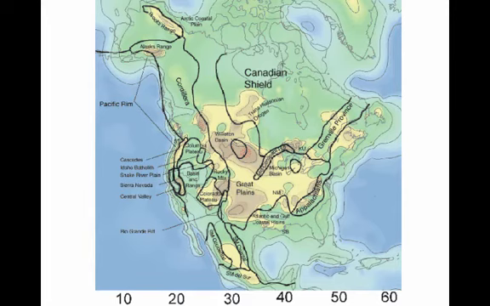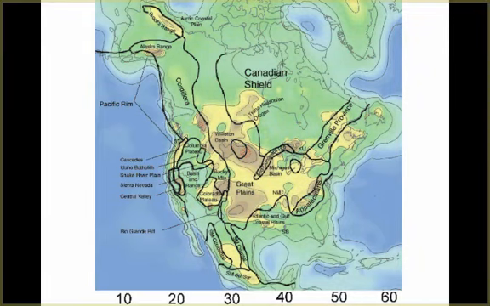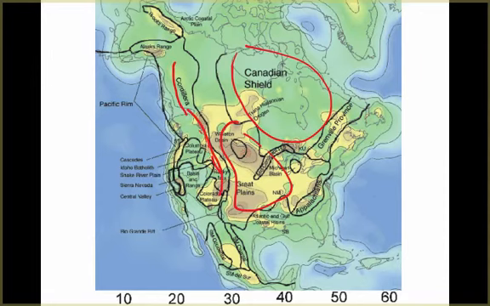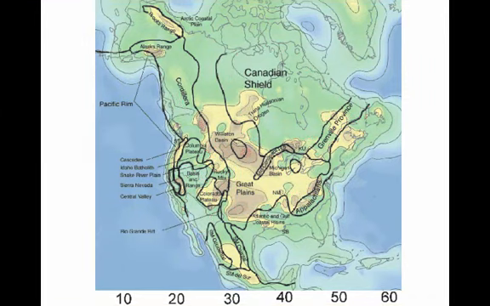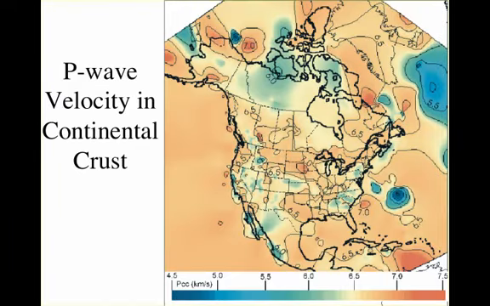Let's look at some different parts of North America, including the Canadian Shield, the Great Plains, the Cordillera and Rocky Mountains, the Basin and Range Province, and the Appalachians, if we consider those in terms of seismic velocity, just looking at the P waves.